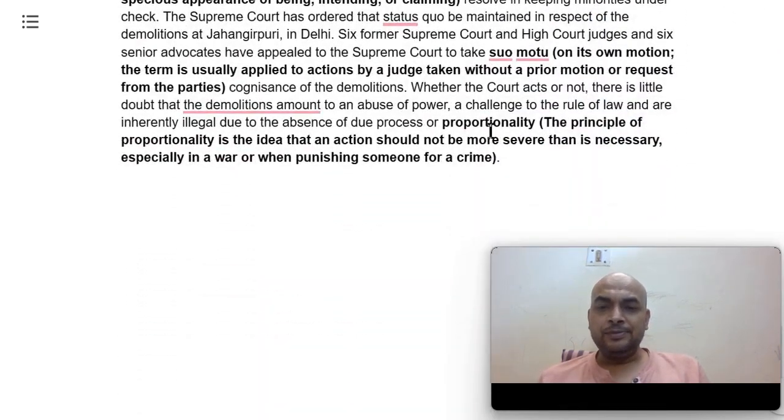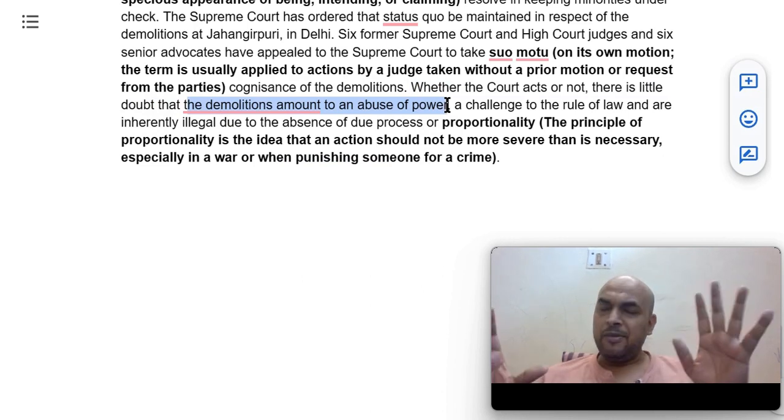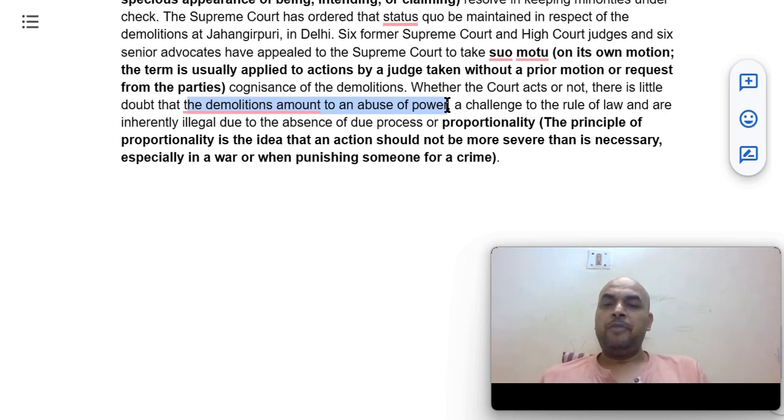And let's see the uses. Whether the courts act or not, there is little doubt that the demolitions amount to an abuse of power. So, the Hindu editorial is saying, irrespective of whether the court takes action or not, there is no doubt that these demolitions amount to an abuse of power, a challenge to the rule of law, and are inherently illegal due to absence of due process or proportionality.